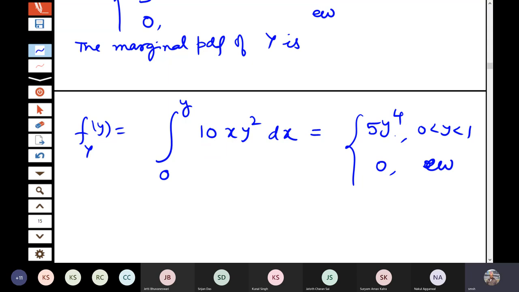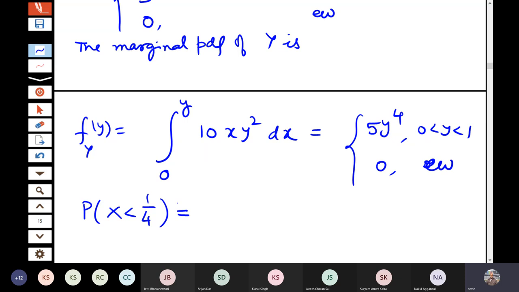So first thing is that you can calculate various probabilities related to x and y and jointly of x and y. So let us just take up some small exercises here. Suppose I ask the question, what is the probability, say, probability x less than 1 by 4.